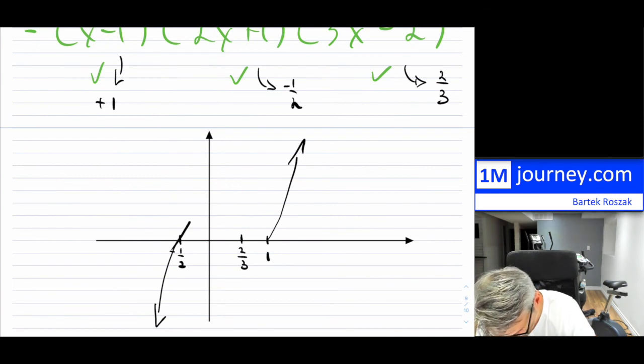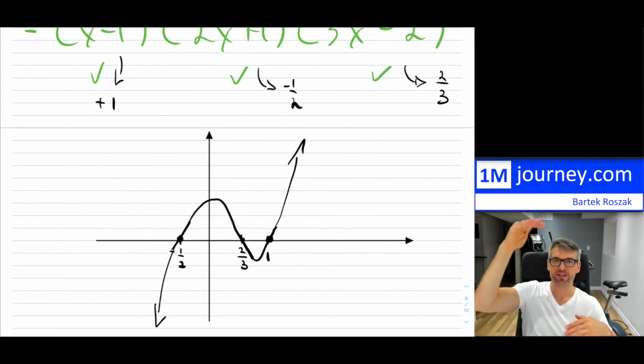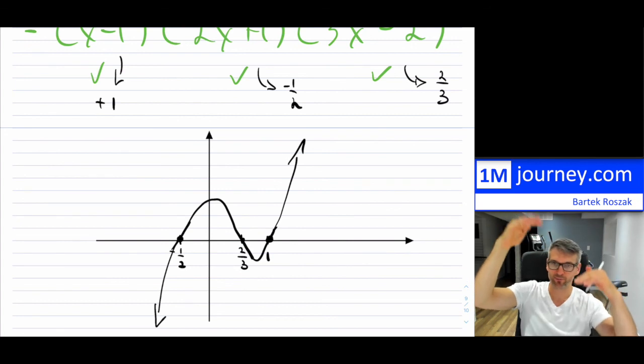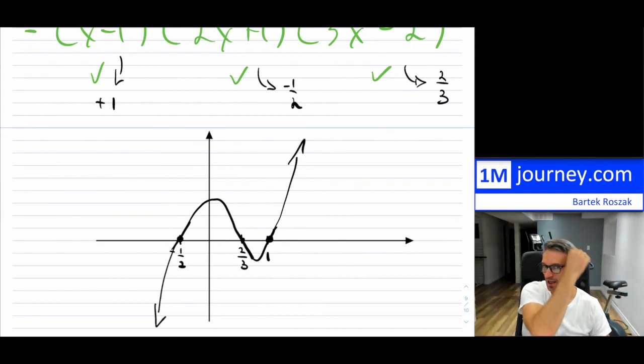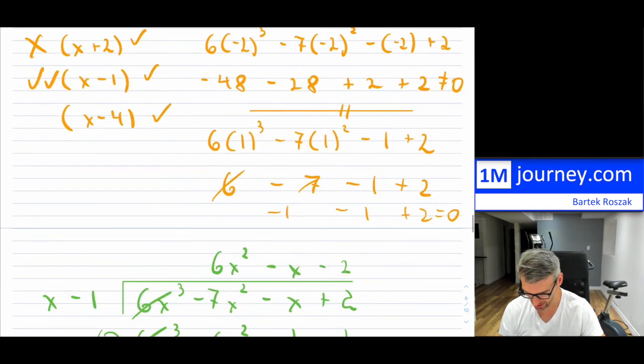So this one's going to cross through here, start coming back, cross through there, and then like a line through there. Again, those local maximum and minimums, the height of them, we can approximate, and exactly, but this just says a sketch. So that's how a sketch would look like. And so that's pretty neat.